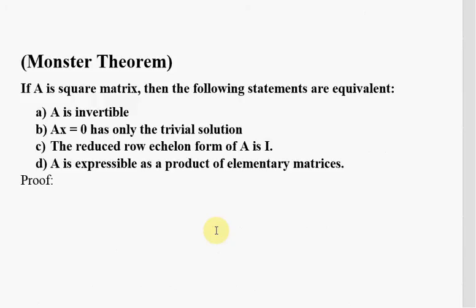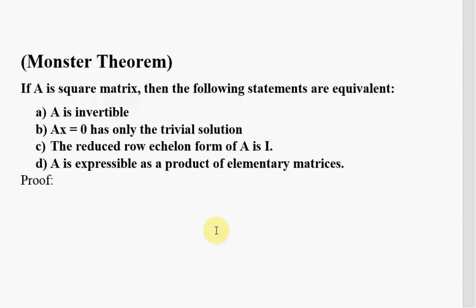Now, you don't have to start in that order. You can start anywhere. You can start by saying assume C to prove A, just as long as you have all of them, inferring from one statement to another, where you have an inclusive argument that includes all of these statements.